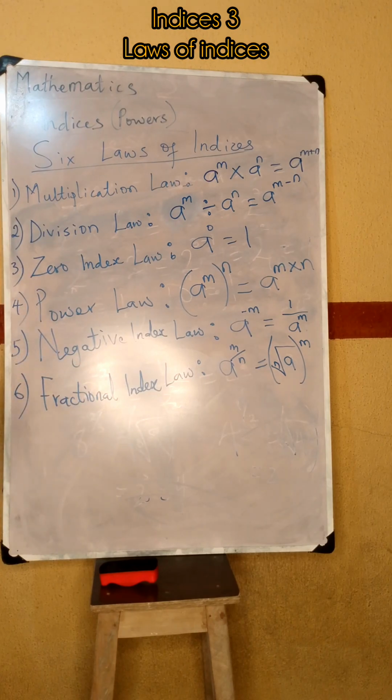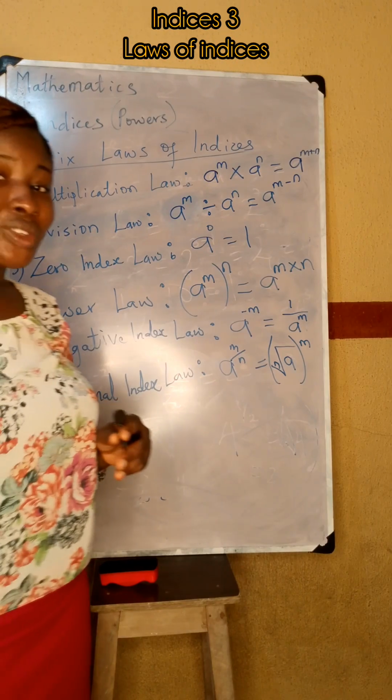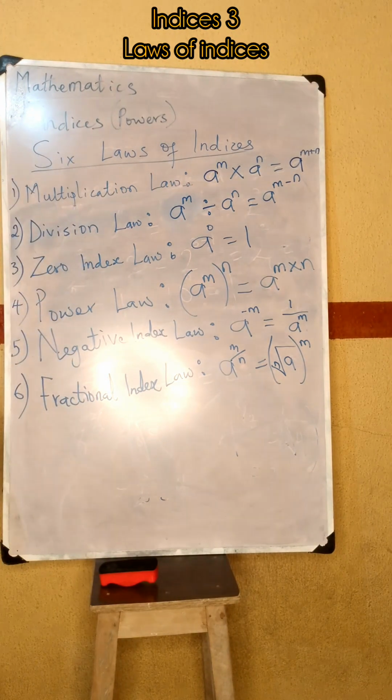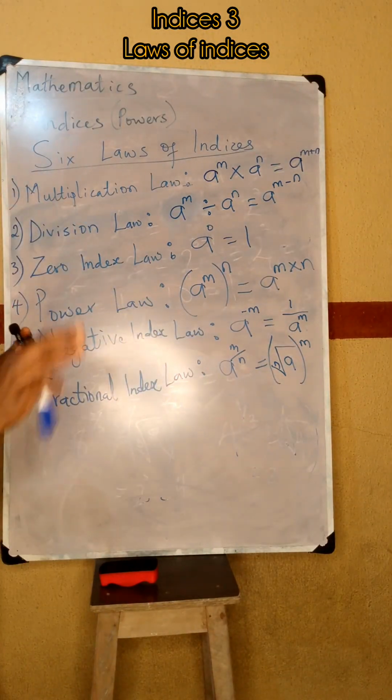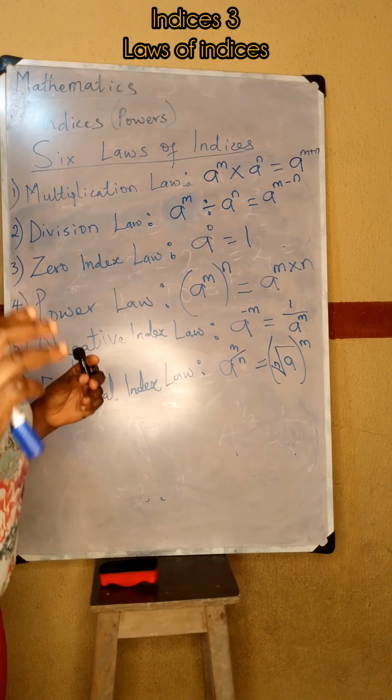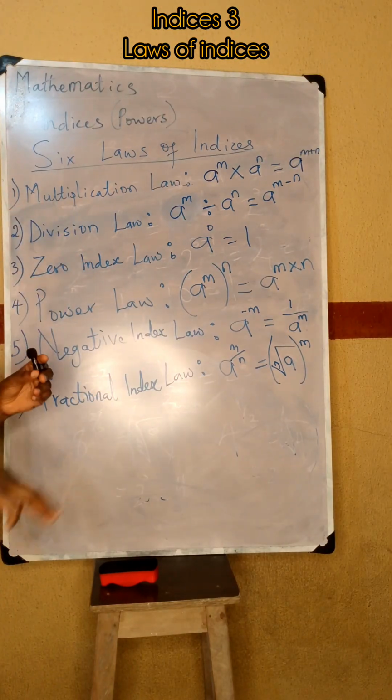Now, which one would you say is the best of all these laws? If you're able to learn these laws, it will help you understand better. Knowing these laws is good, but knowing when to apply them is beautiful.